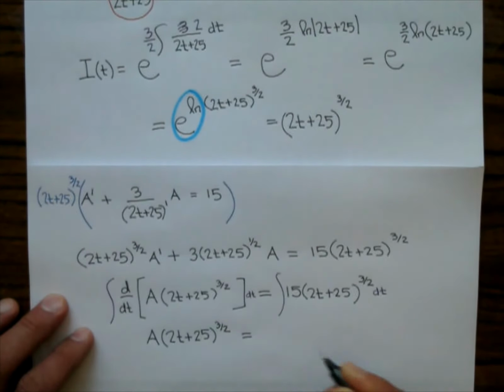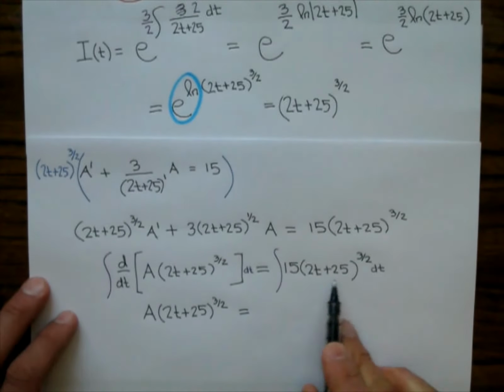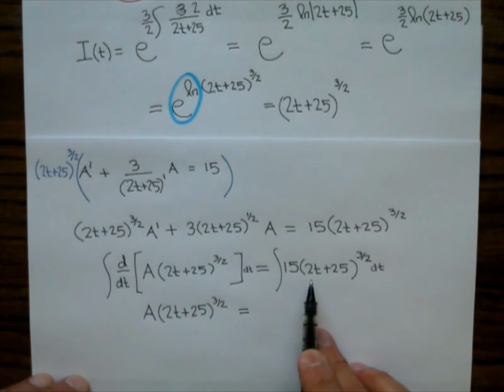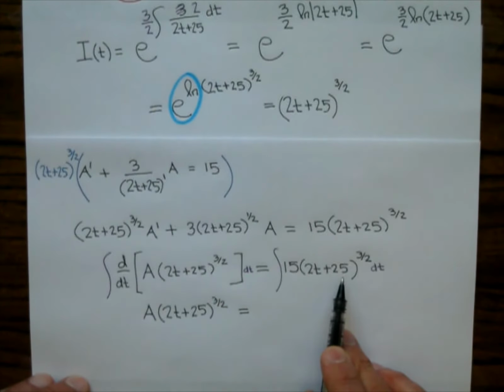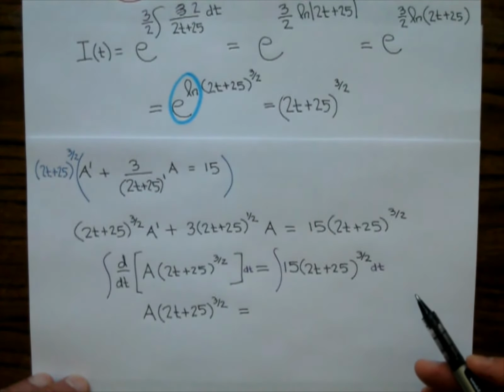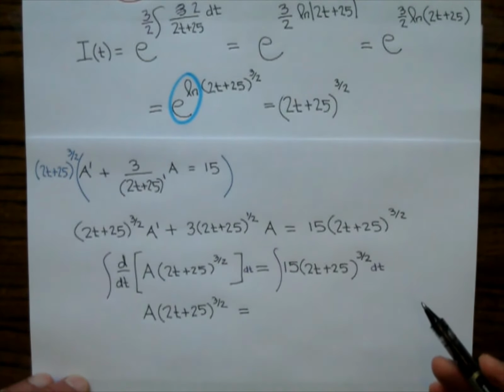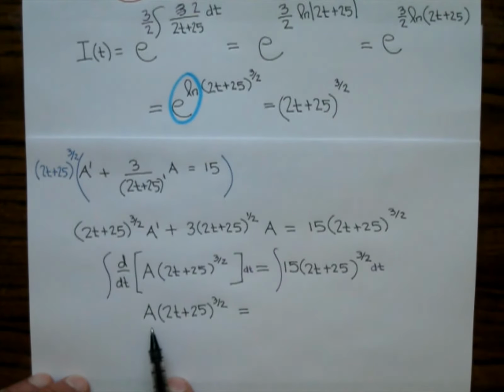I'm going to put my C on the right-hand side with the other C. And over here, I'm going to eyeball this. If you want to do a u substitution, let u equal 2t plus 25. And at any time, you could pause the video and see if you can get the answer for A of t. That's what we're looking for.